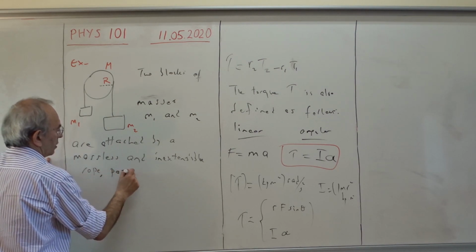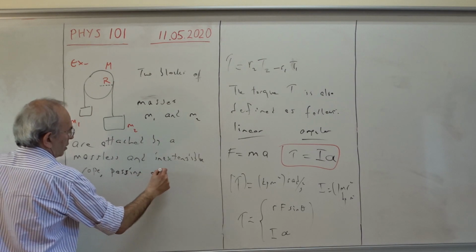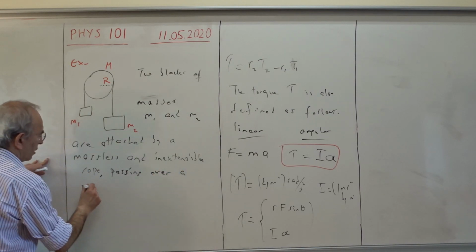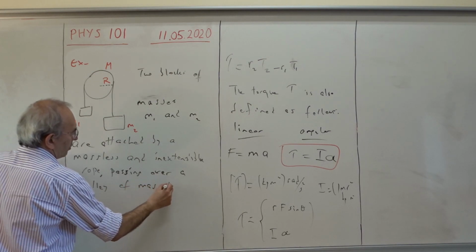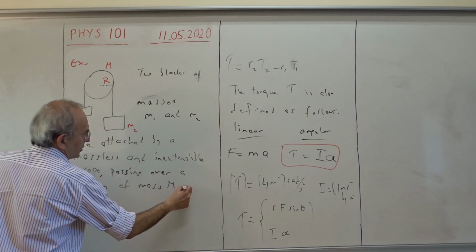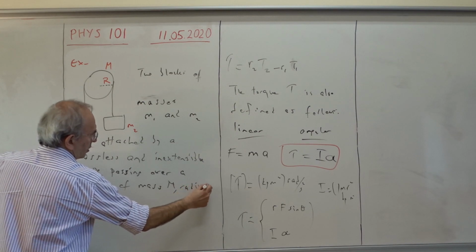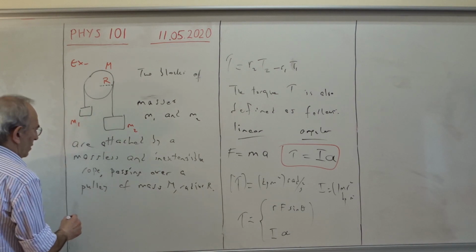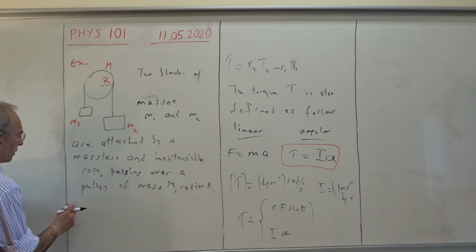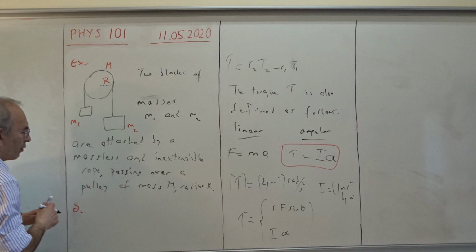passing over a pulley of mass, let's say capital M, radius R, as shown. Write the equations of motion.